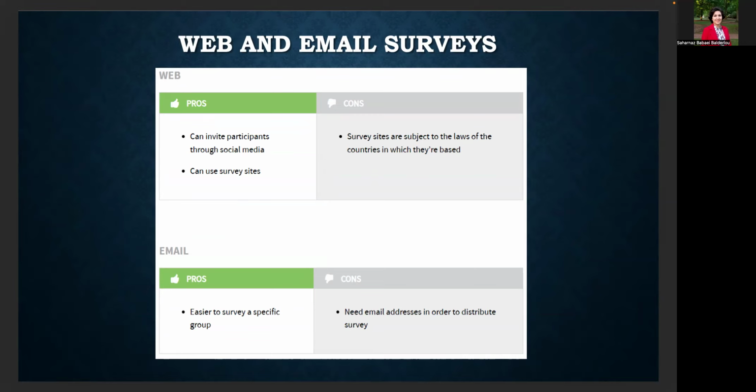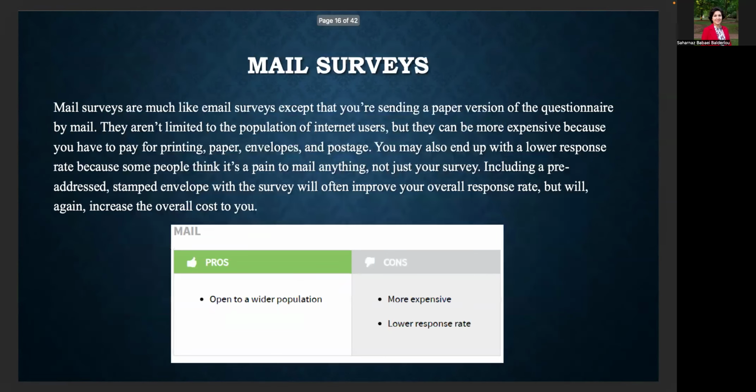They're especially useful when targeting online or tech-savvy populations. Mail surveys operate similarly to email surveys, but use physical mailing. They reach populations that may not be online, but they are more expensive and tend to have lower response rates.